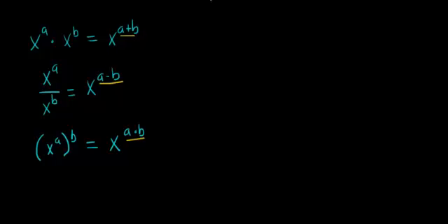Well, if I had, let's say, x to the 4th and I was multiplying that times x to the 6th, that goes back to what we had over here. I'm multiplying, I have a like base, so what I'm going to do is take x to the 4th plus 6, which gives me x to the 10th.